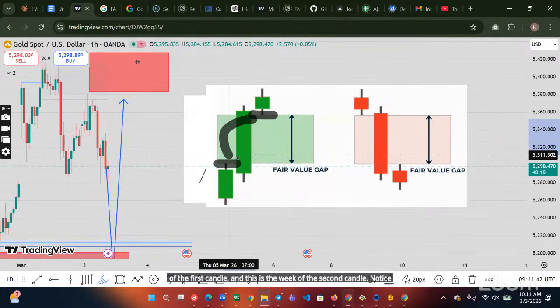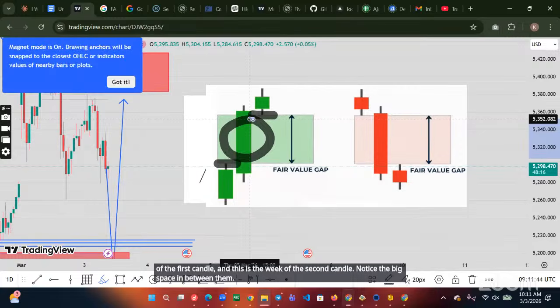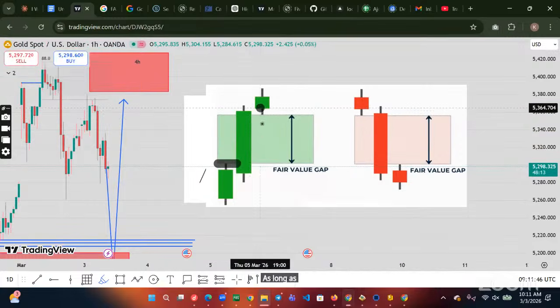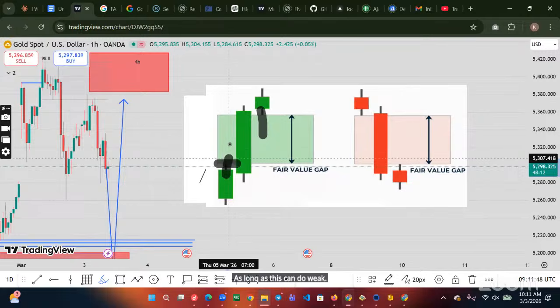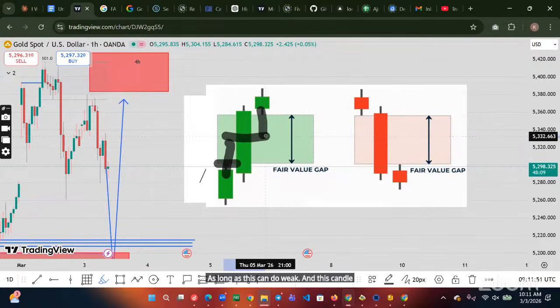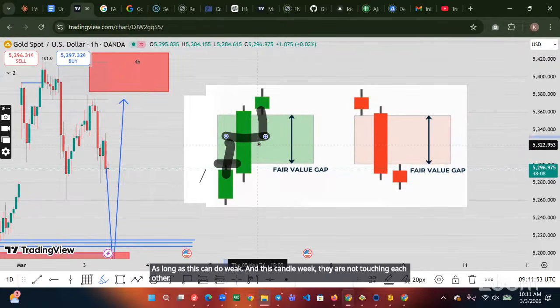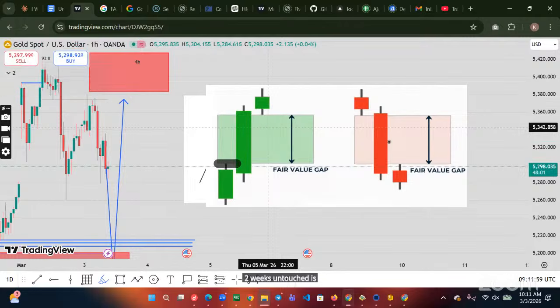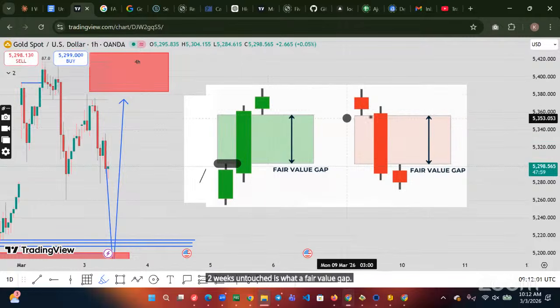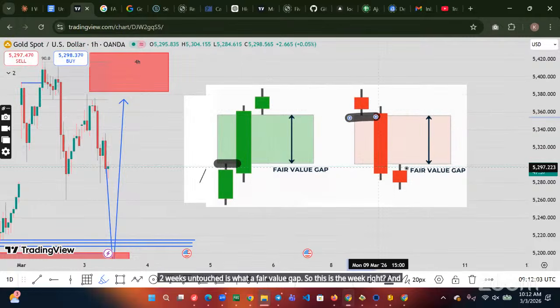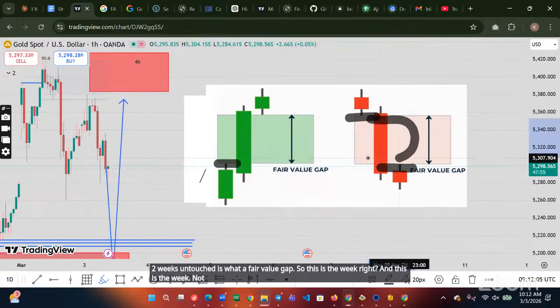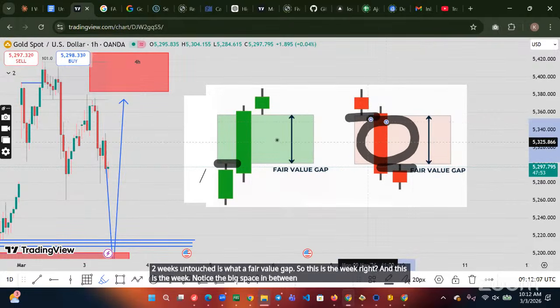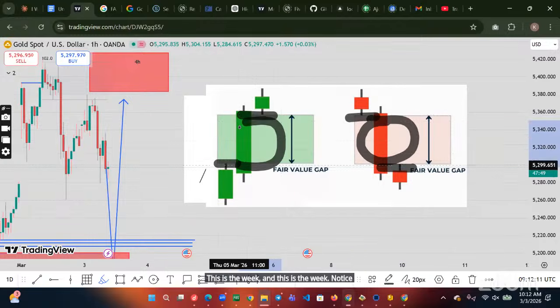Notice the big space in between them. As long as this candle wick and this candle wick are not touching each other, the space in between two untouched wicks is what? A fair value gap. So this is the wick, right? And this is the wick. Notice the big space in between them. This is the wick and this is the wick. Notice the big space in between them.